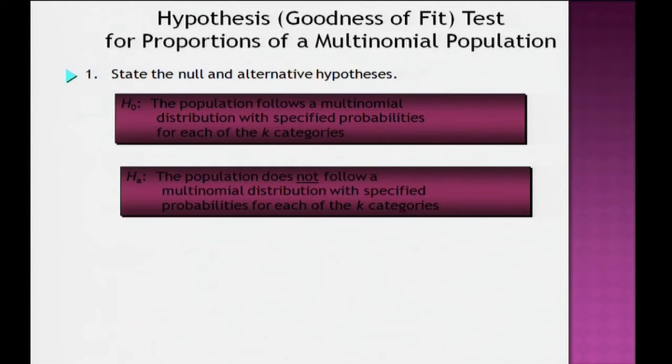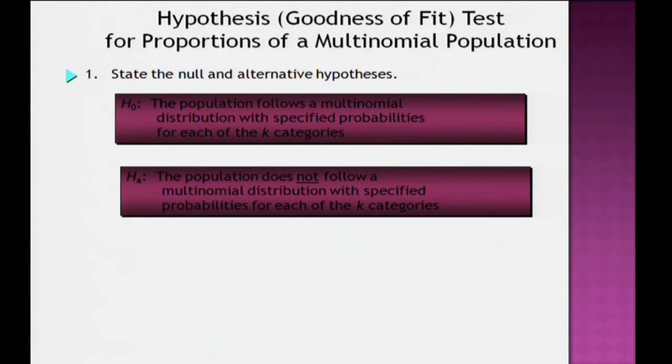Again the procedure would be the same, we will define the null and alternative hypothesis. Under the null hypothesis, we will assume, here we are talking about goodness of fit of the data, the population follows a multinomial distribution with specified probabilities for each of the k categories. That will be H naught.